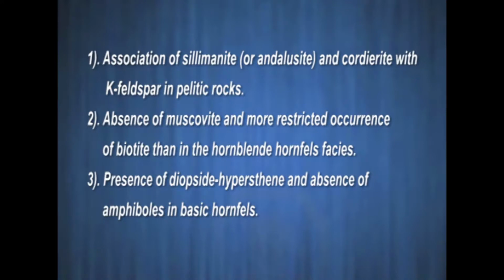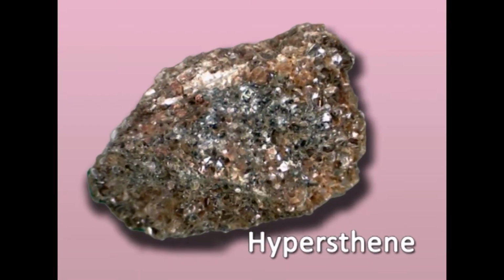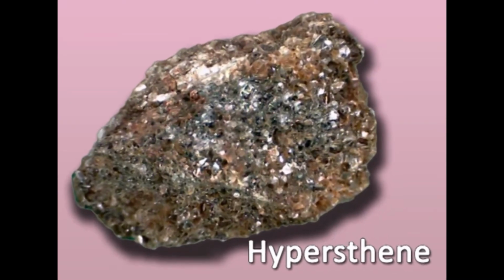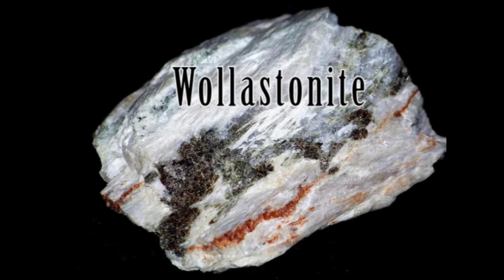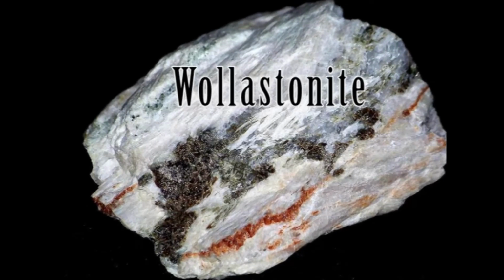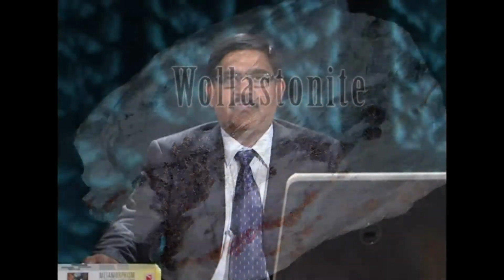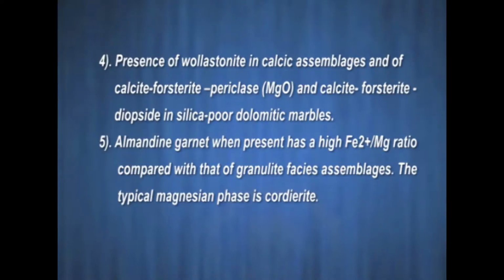Third, presence of diopside, hypersthene and absence of amphiboles in basic hornfels. Fourth, presence of wollastonite in calcic assemblages and of calcite-forsterite-periclase and calcite-forsterite-diopside in silica-poor dolomitic marbles.